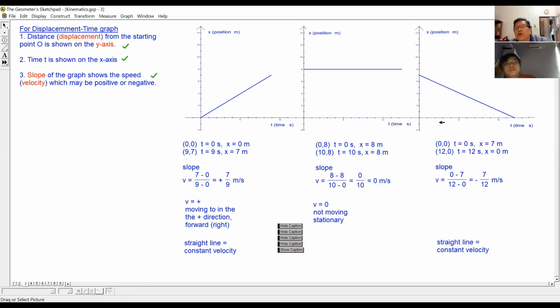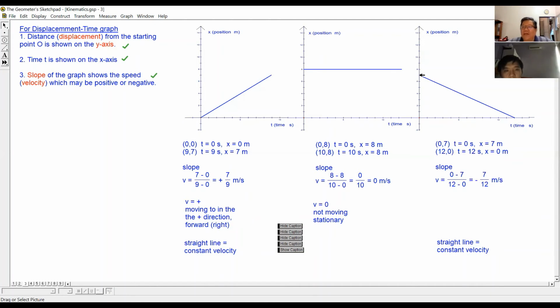I choose two points on this straight line here. At first, I typed wrongly, it is (0, 7). So initially, when the time is 0, I look at my stopwatch, the object is 7 meters away.